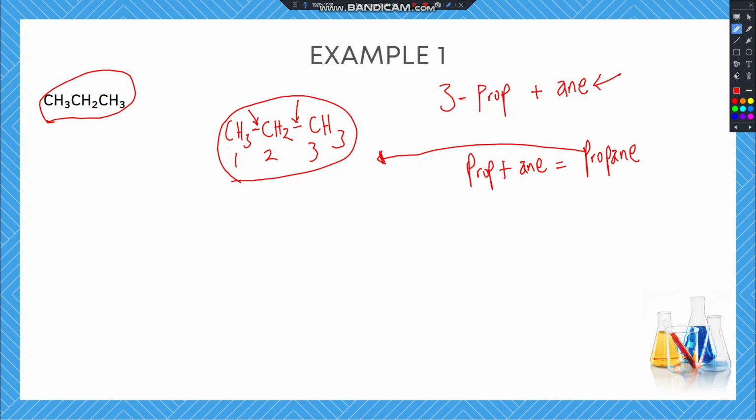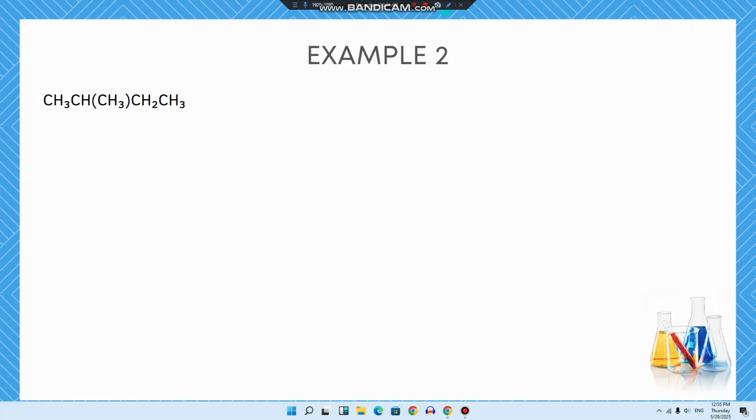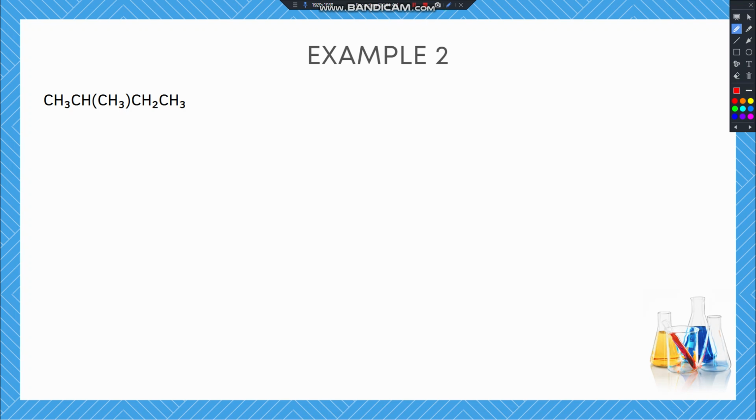Now that we have done that, let's proceed to the next compound we want to name. We have the next compound on the screen right now, and this is what the structure looks like. Let me be more illustrative with this one. We have CH3 bonded to CH.